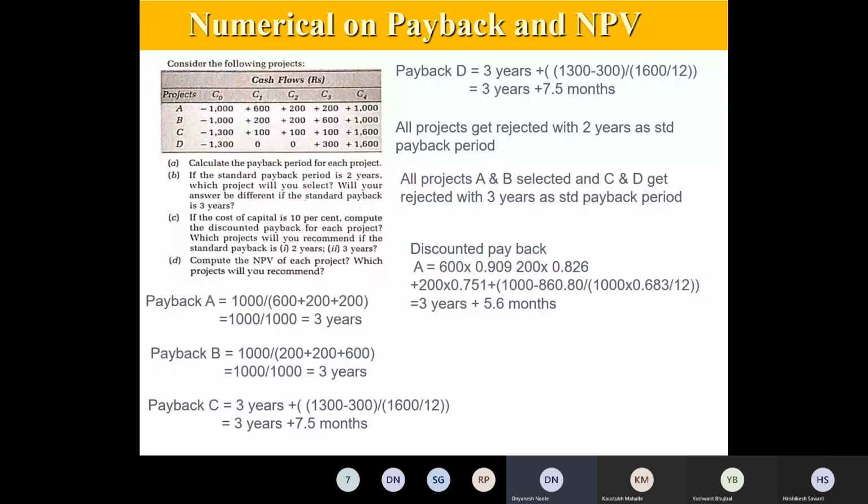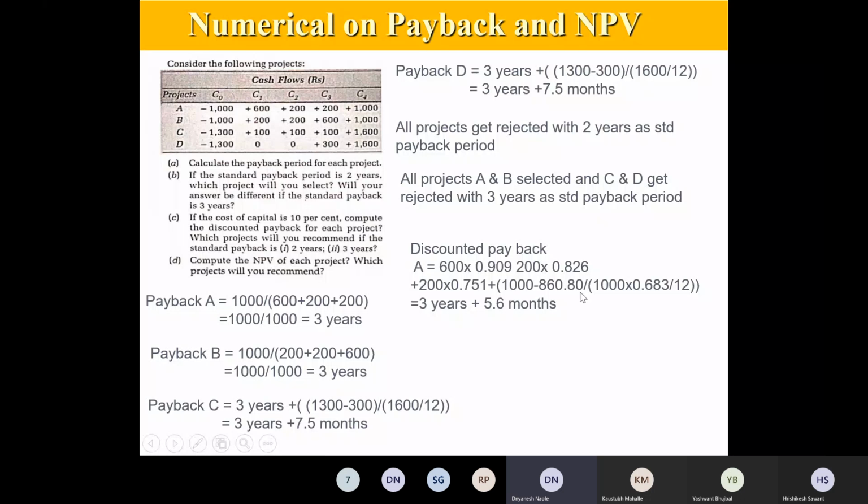It will be 200 into 0.751. Clear? So if you calculate these three terms it comes to 860.80. So in the first 3 years we covered 860.80 rupees.